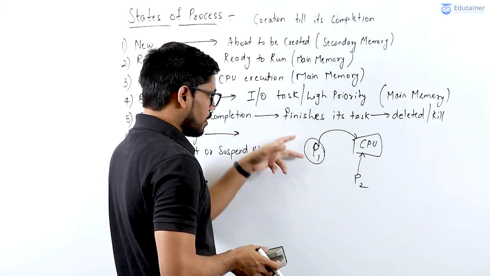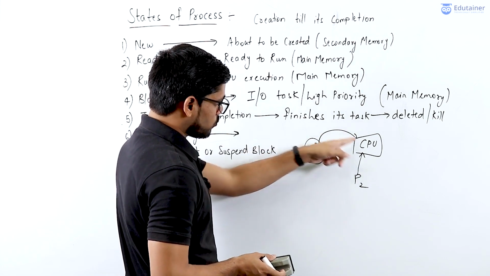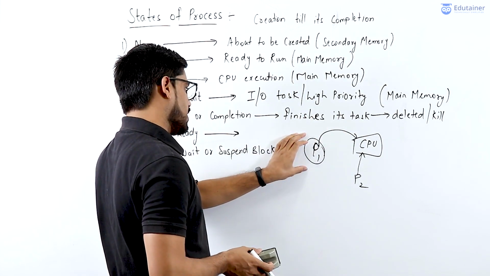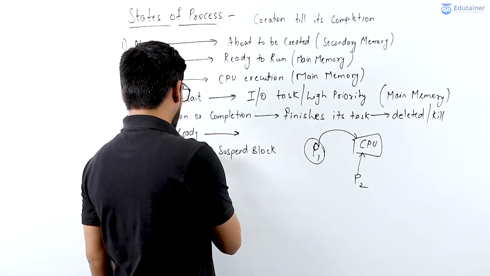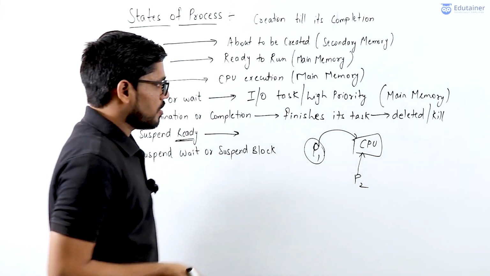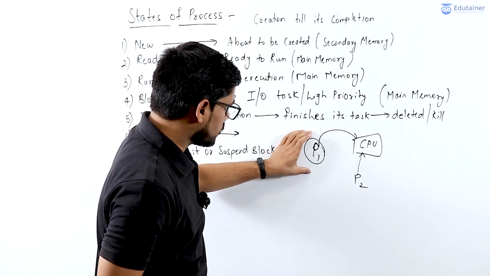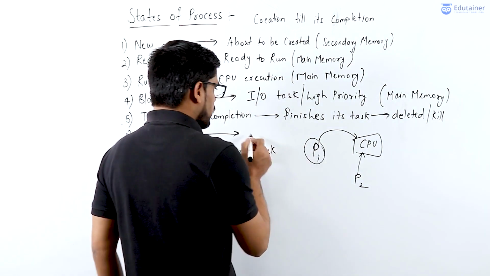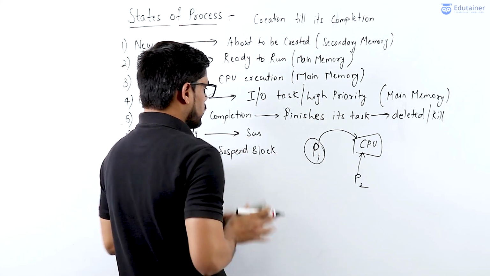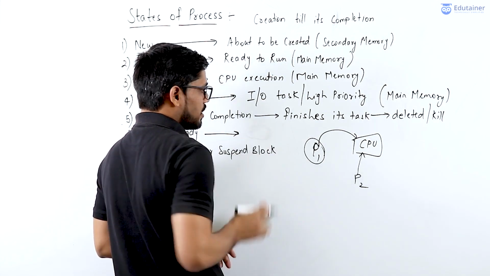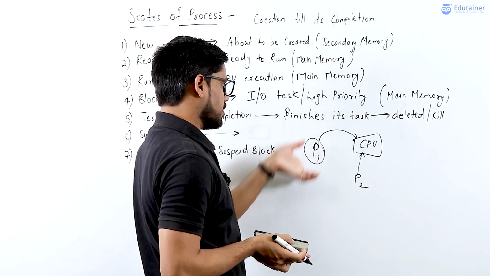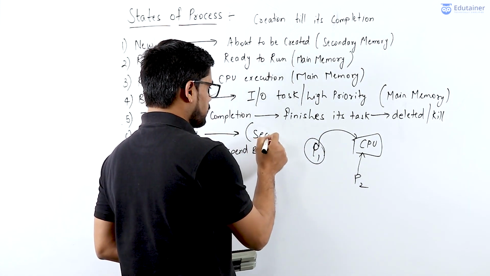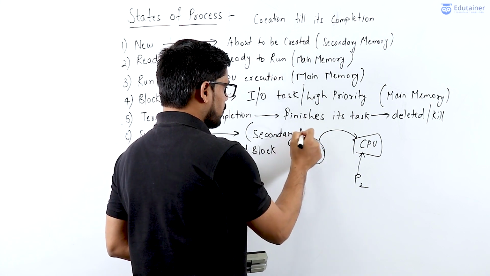Then this process will come back to the ready state, and this is called suspend ready. Okay, so suspend ready is a special state when there is no space or no memory available for the ready state, then it will reside in suspend ready. So whenever a high priority process comes, or if there is no space available in the ready state, then this process will go to suspend ready, and it is in secondary memory. It is also in secondary memory.